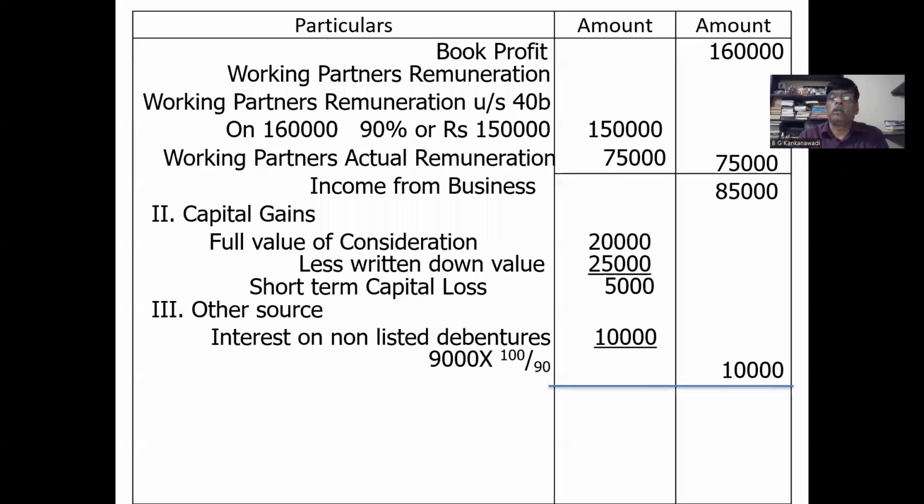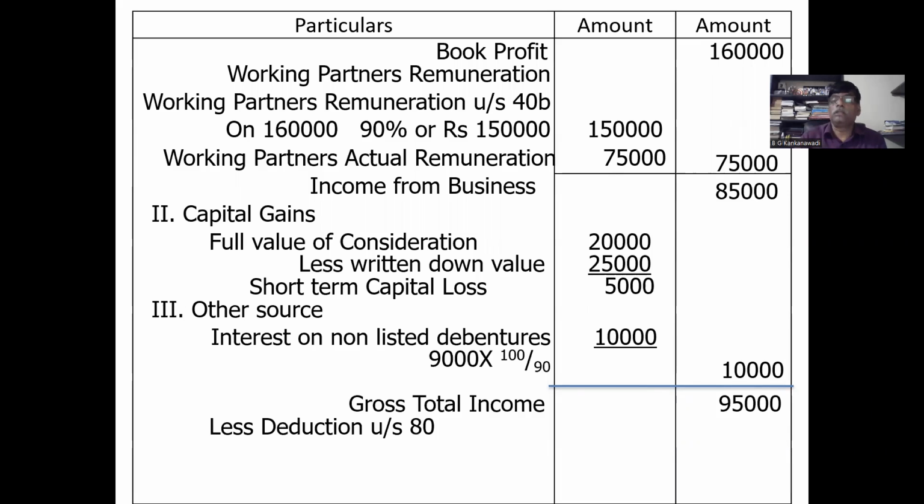Now you take the total. Total is 95,000. Okay, 95,000 total is called gross total income. In this gross total income, you give deduction. The deduction is 80G. That is the first category. 100% qualify, 100% deduction amount.